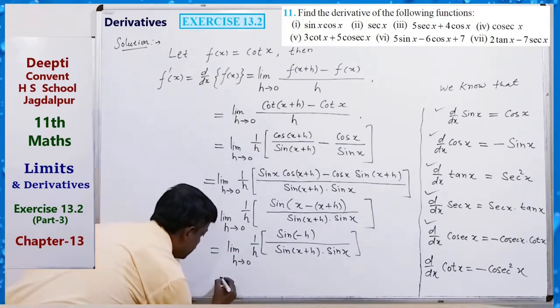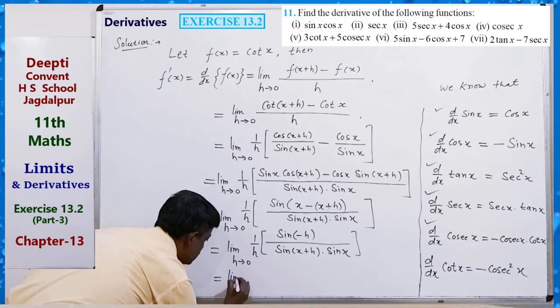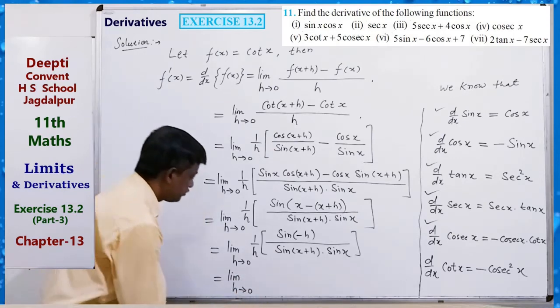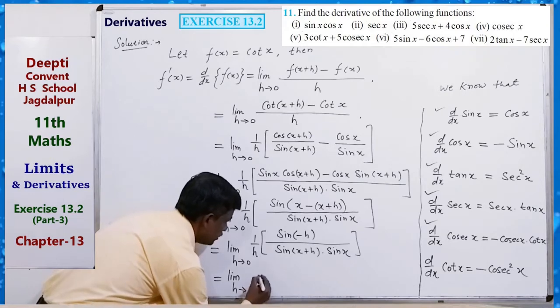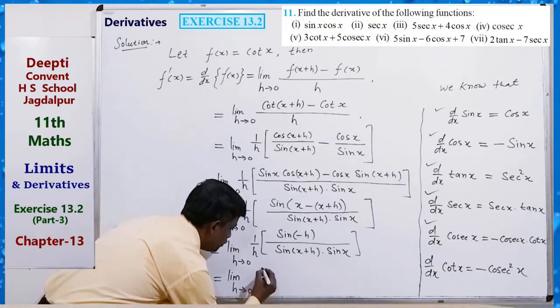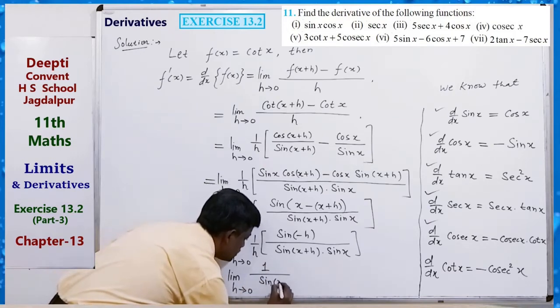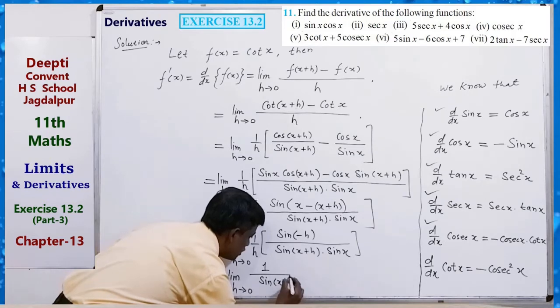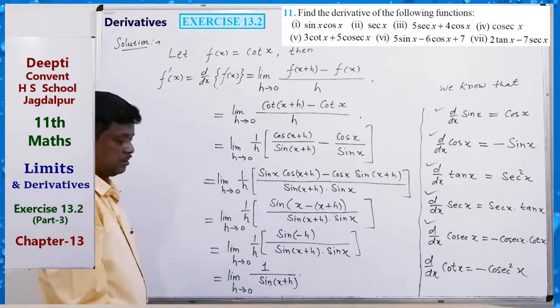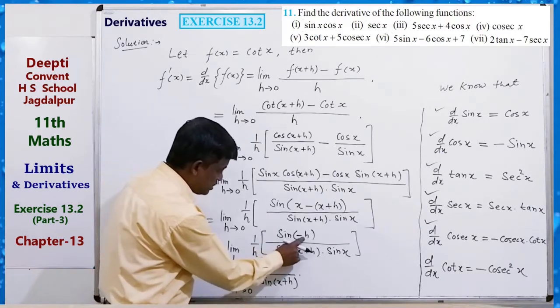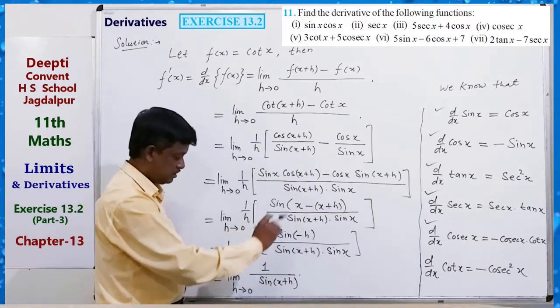Okay, so it can be written like this: limit h tending to 0, 1 upon sin x plus h, sin x plus h sin h minus sin h.